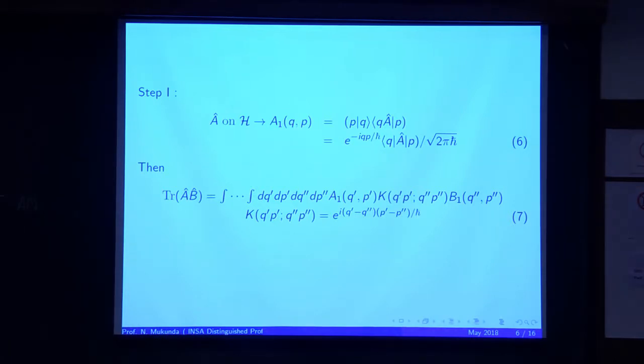So from the operator A caret, I go to a classical function A1 of QP, which is the matrix element of A between a position eigenstate on the left and a momentum eigenstate on the right, along with the plane wave phase factor. So this is the expression.